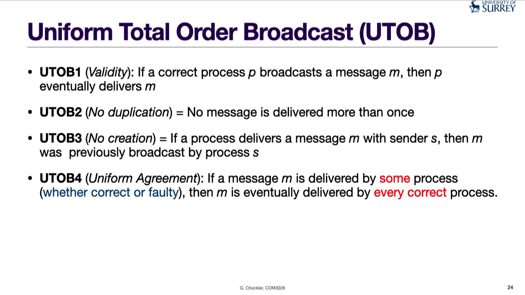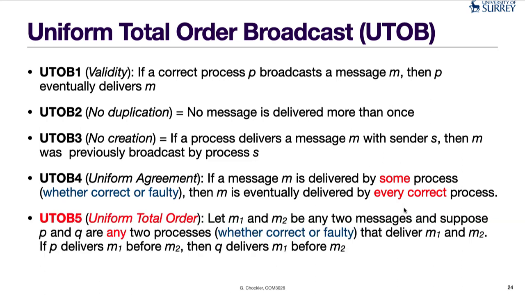Then the fourth property is uniform agreement, which is the same as the respective property of uniform reliable broadcast. It says that if a message M is delivered by some process, which can be either correct or faulty, then M is eventually delivered by all correct processes.